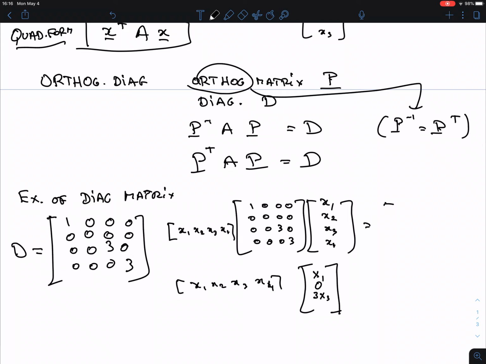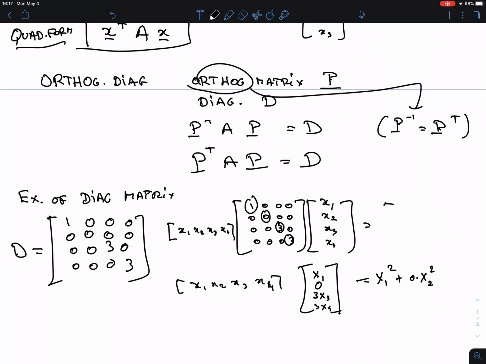And then 0, 0, 3 times x4. Okay, so what has happened is actually these diagonal elements multiply each of these variables. 1, 0 times, 3 times, and 3 times. Now I have to work this out, but what happens? x1 goes with x1, so that gives me x1 squared. x2 times 0, well, that's 0, so I'm not going to write it. Well, let me write it. 0 times x2 squared.